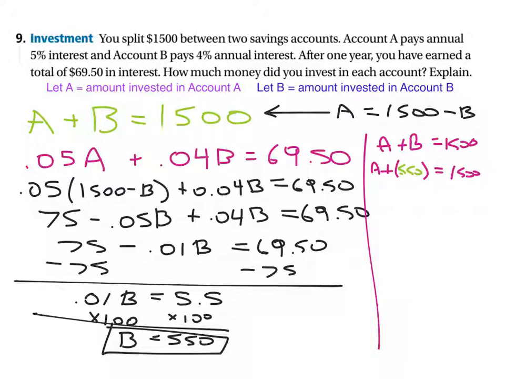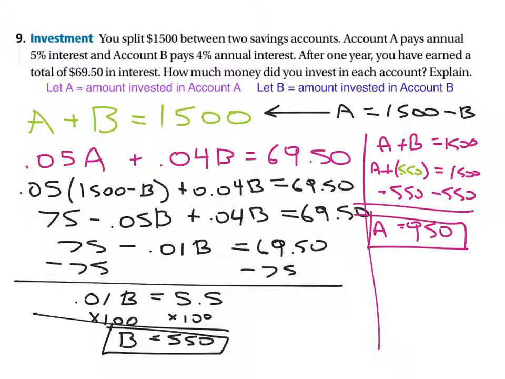Sorry for my sloppy numbers, it's hard to write so small. Subtracting 550 from both sides, we get A is equal to 950.